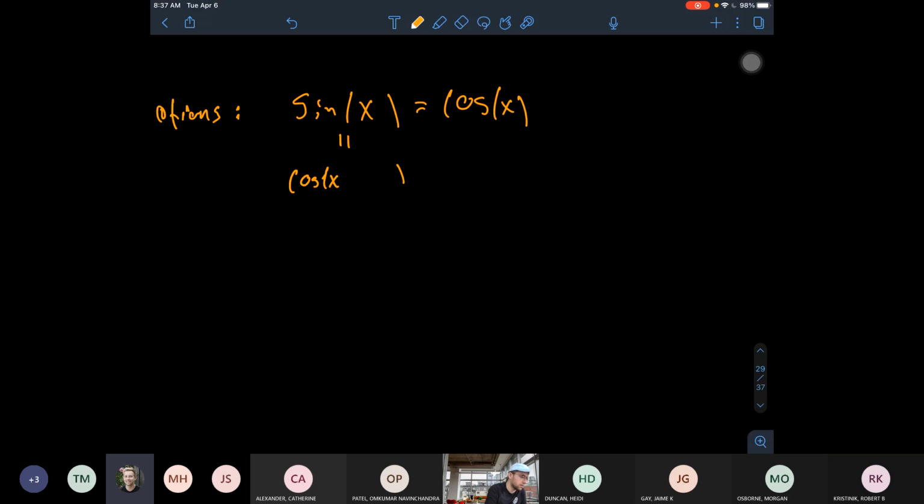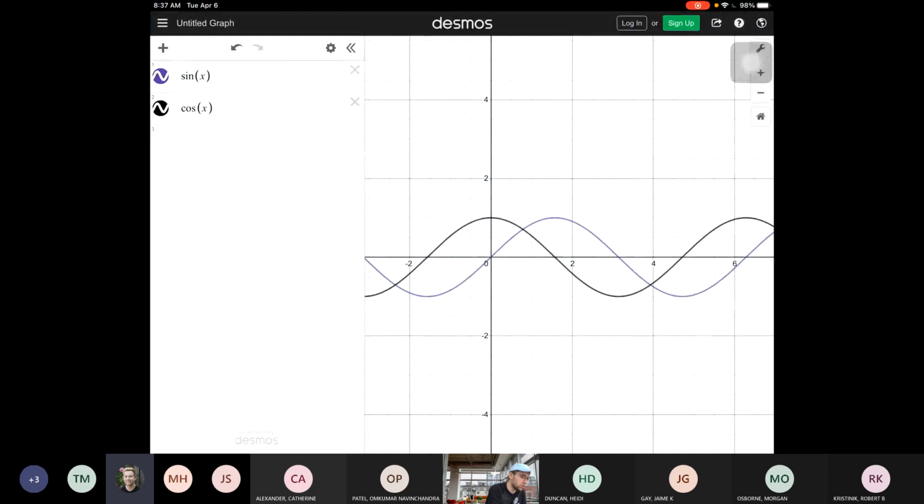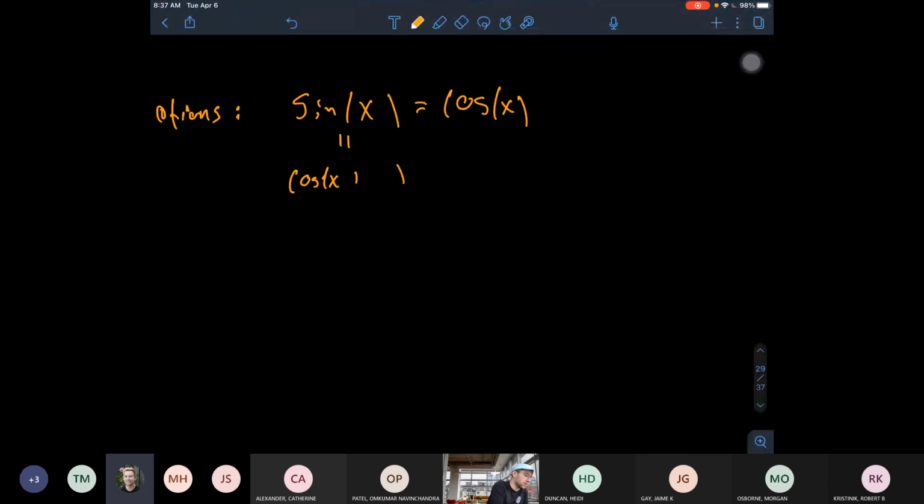I'm sorry, not to the right, to the left, right? Let me go back and look at the graphs. Okay, so we shift sine to the left. If we want to make a shift to the left, I should add pi over 2 on the inside. So sine of x plus pi over 2 is equal to cosine of x.